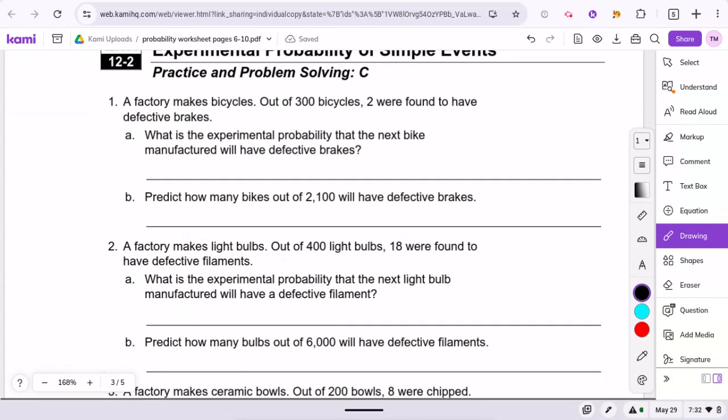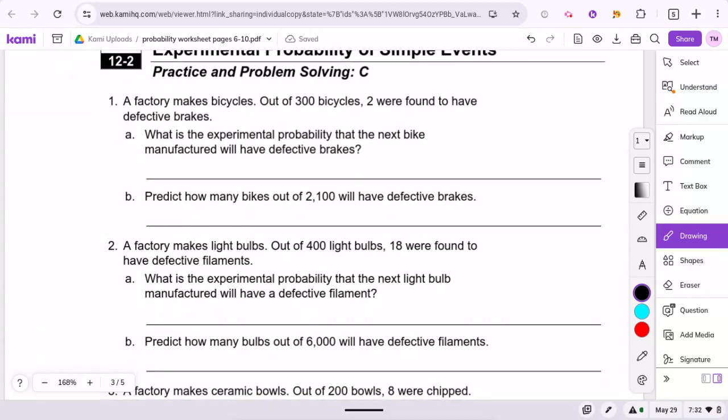And here comes the next page. A factory makes bicycles. Out of 300 bicycles, 2 were found to have defective brakes. What is the experimental probability that the next bike will have defective brakes? So it would be only a 2 out of 300 chance. You can reduce that to 1 out of 150.